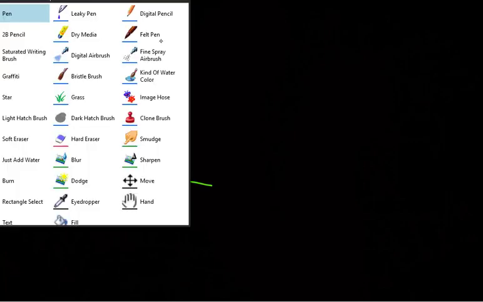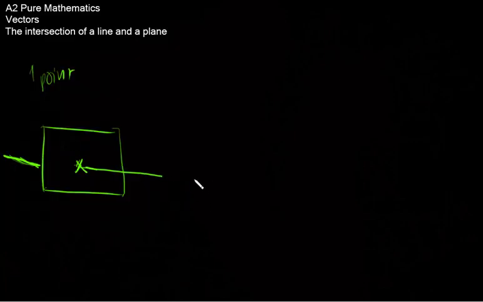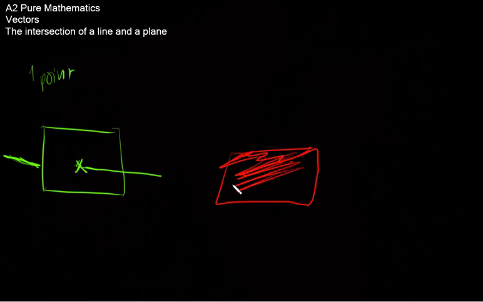Another type is when the line and the plane are parallel. So here we also have another plane. Let's say we put the plane red. Imagine that this plane does not just stay in this area, but it actually extends all the way through. And here we have a line that just goes above it.